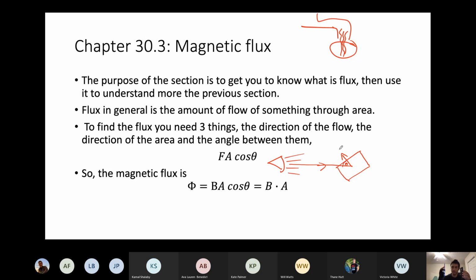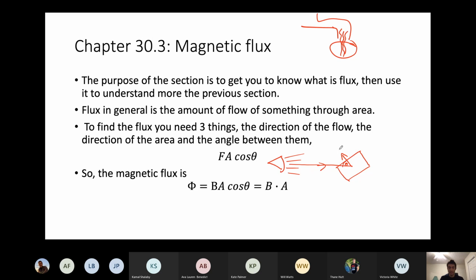Once I put my screen perpendicular to the ray of light, it's taking as many light rays as it can. But as I start flipping it, it takes less, until it's parallel to the source, going in the same direction. Then there's barely any light touching the screen. So that's why it's important to know the angle.